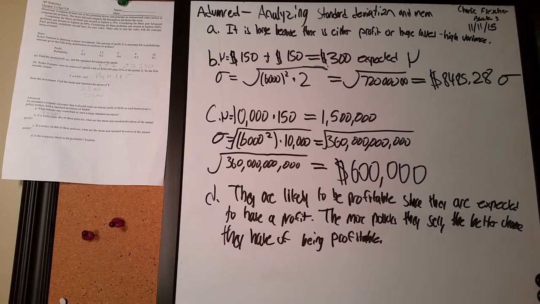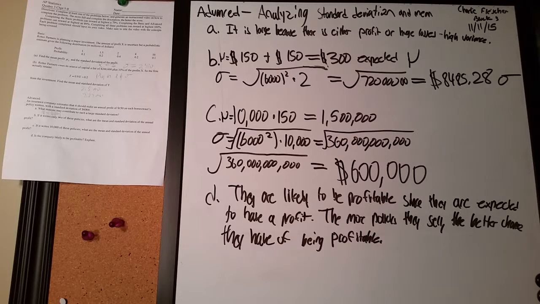So for B, it asks us what is the expected mean and standard deviation for two policies. For the mean, you just multiply the mean of 150 by 2, and you get 300 is the expected mean. For standard deviation, you take the square root of the standard deviation squared and times it by the number of instances you want to do.